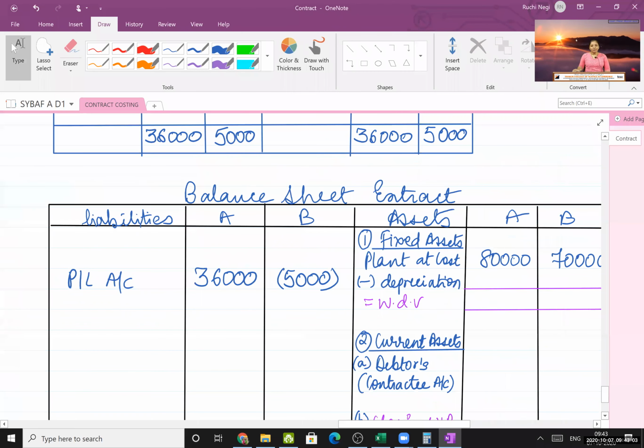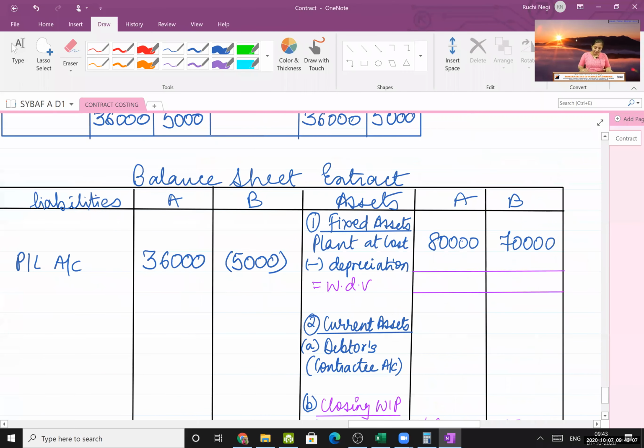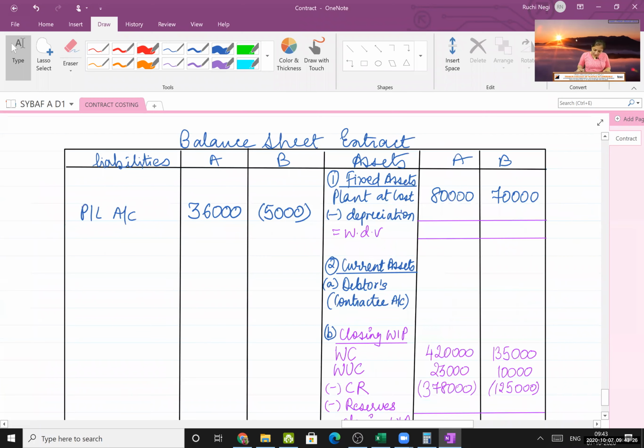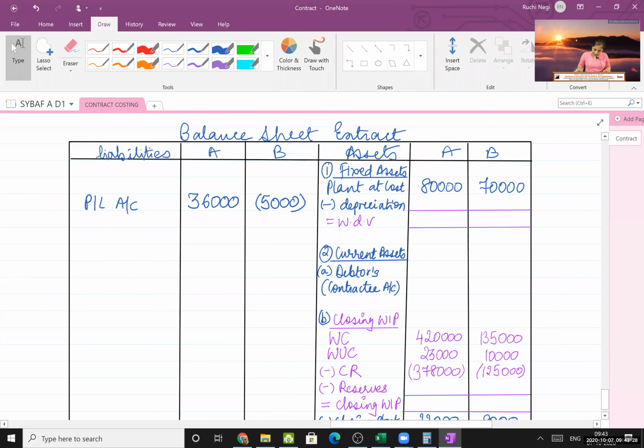In contract B there is a loss. So when you make the balance sheet extract, show it on the liability side but with a negative sign, so that you know it's a loss. Or you can show it on the asset side as P&L account, bracket debit balance. Am I clear?